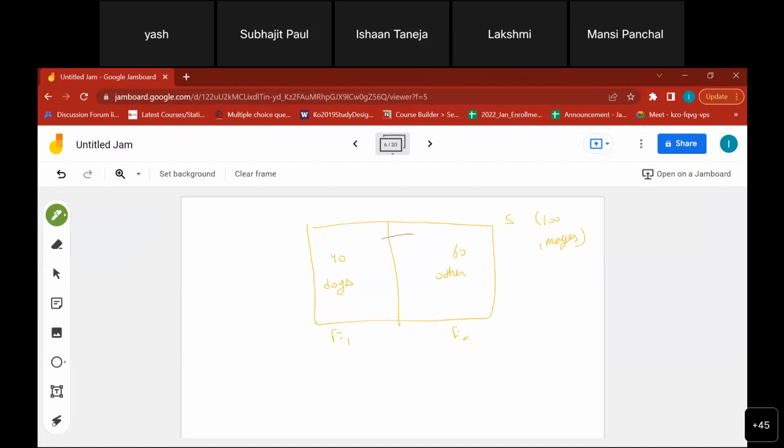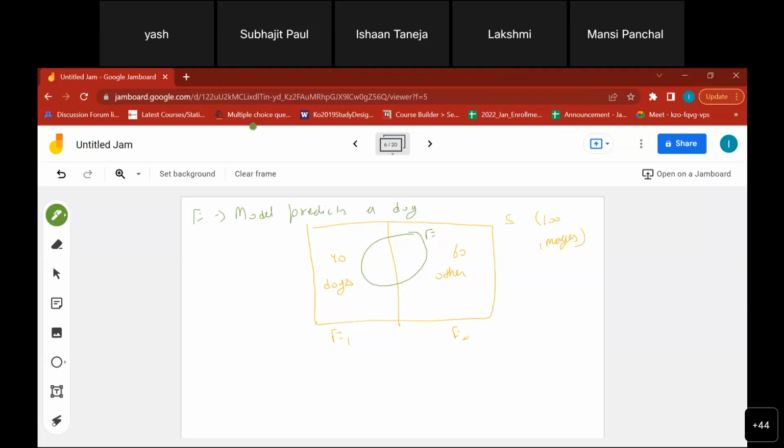This is your event E. Event E is that the model predicts a dog, right? So you're able to visualize it like the concept we discussed earlier, law of total probability and Bayes theorem.